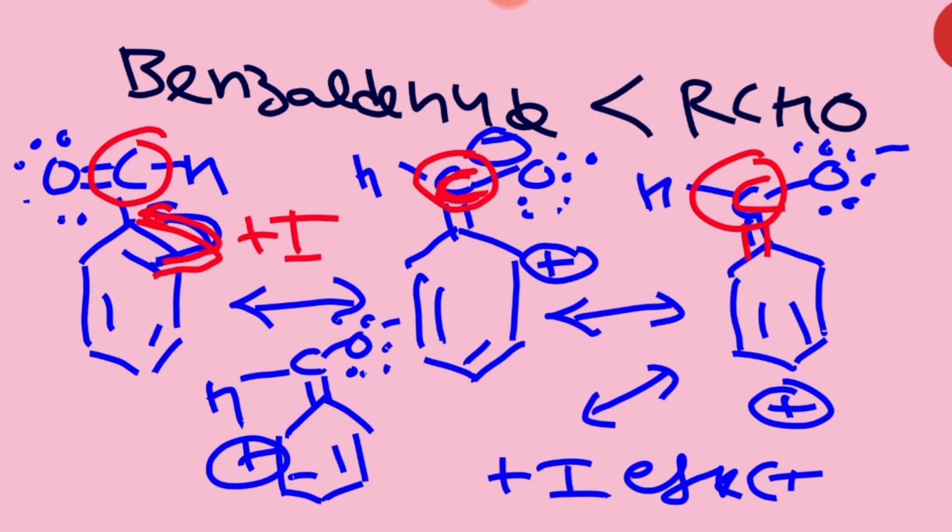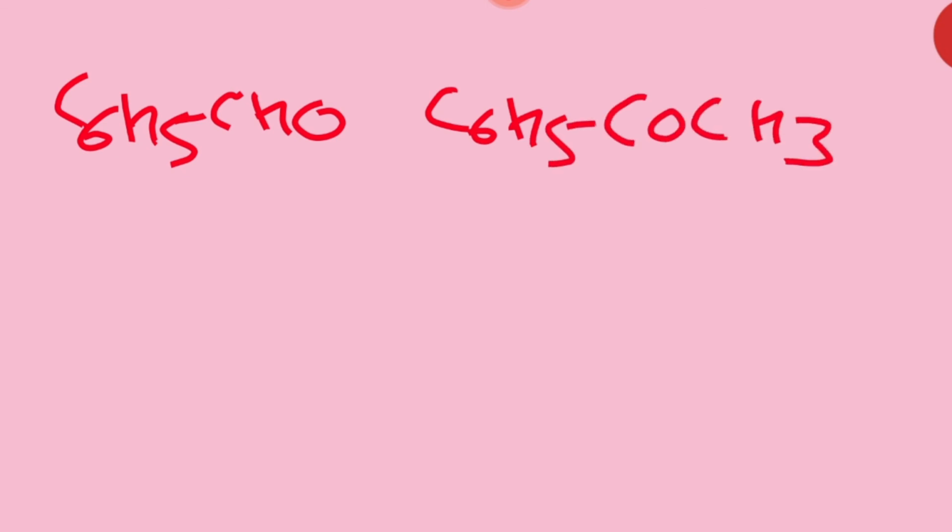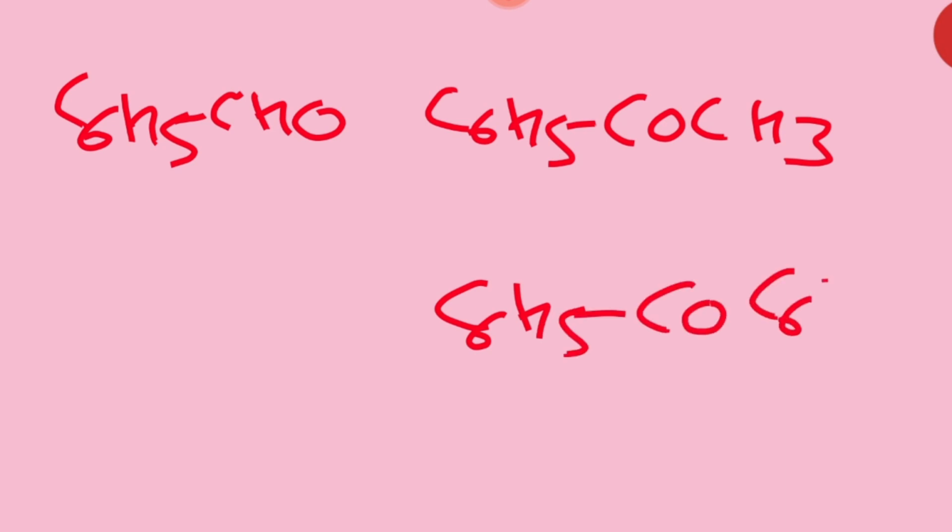Okay, so after that, beta, whenever we are comparing the aromatic aldehydes and ketones, what we have found out is that aromatic aldehydes are more reactive than the alkyl aryl ketones. You see please, all of you, suppose I am writing C6H5CHO, here I am writing C6H5COCH3, here I am writing C6H5COC6H5.